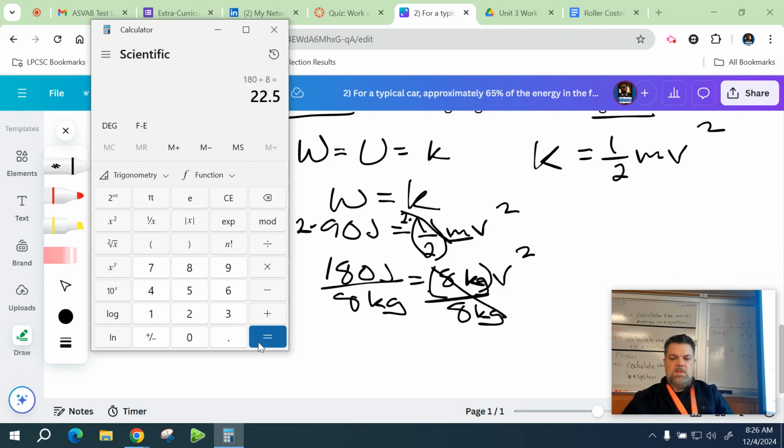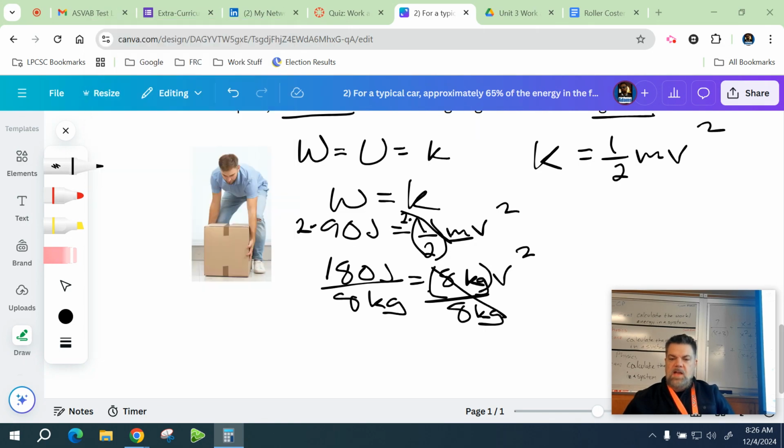It'll be like a weird decimal. 22.5. Oh, this is easy. 22.5. And we'll just leave this as joules over kilograms is equal to the velocity squared.